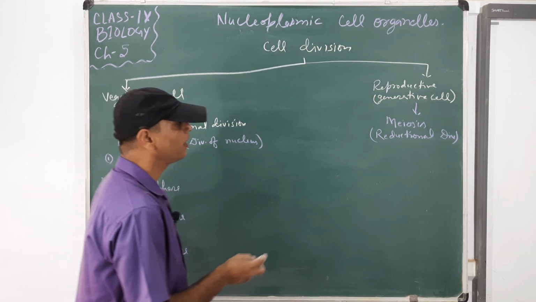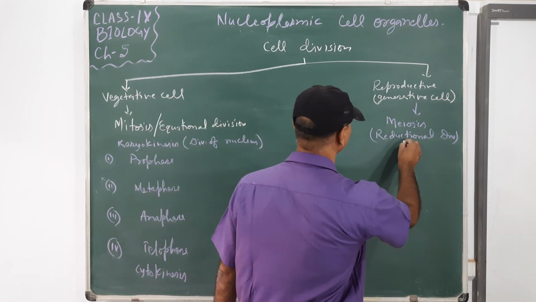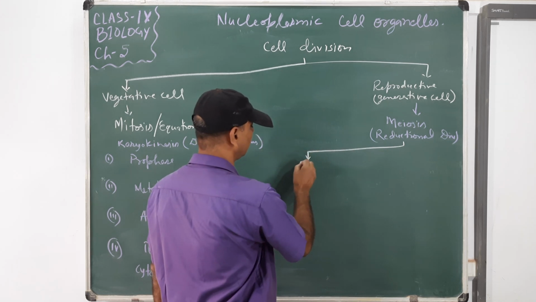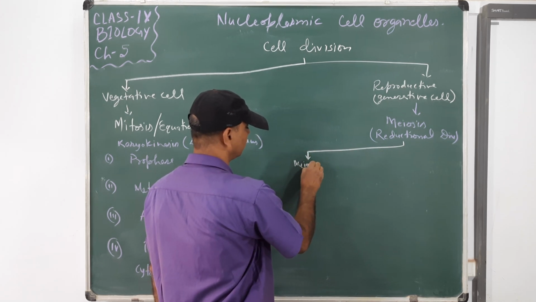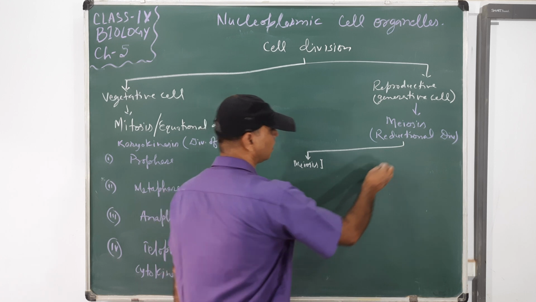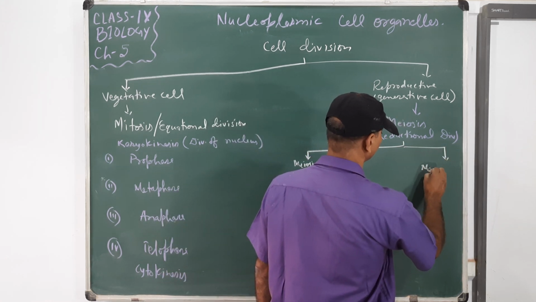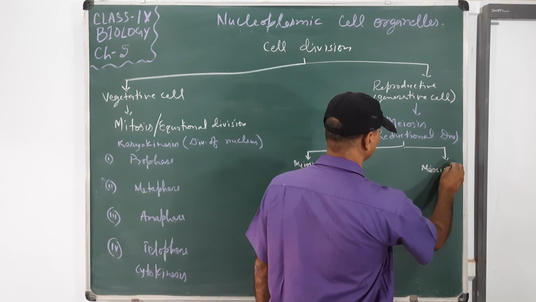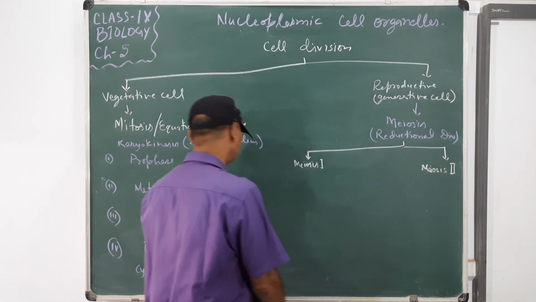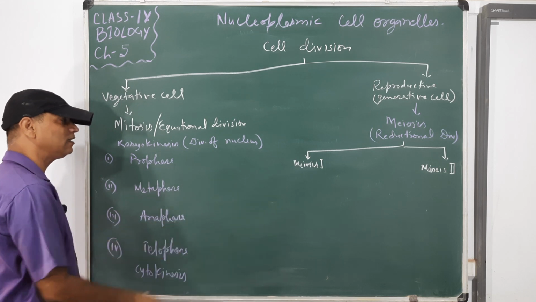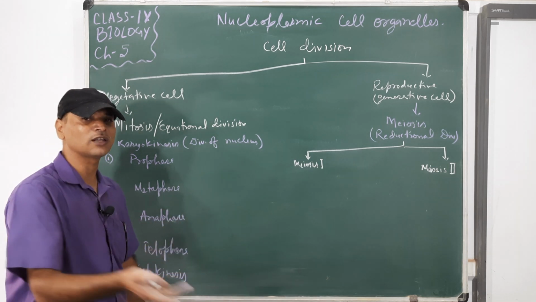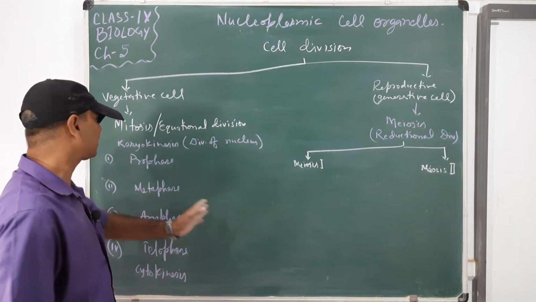Here you see, in meiosis there are two types: meiosis 1 and meiosis 2. Meiosis 1 is different, as it has a change in the number of chromosomes. Meiosis 2 is just like mitosis.